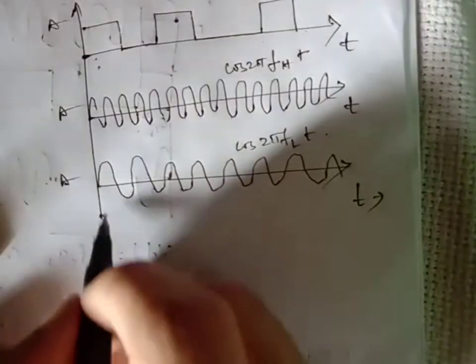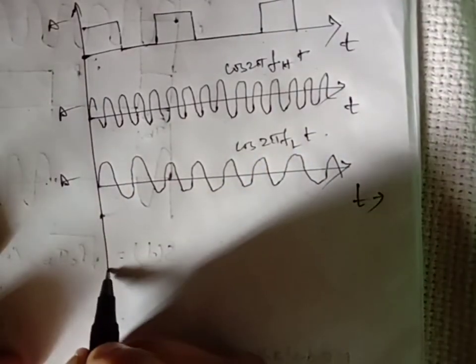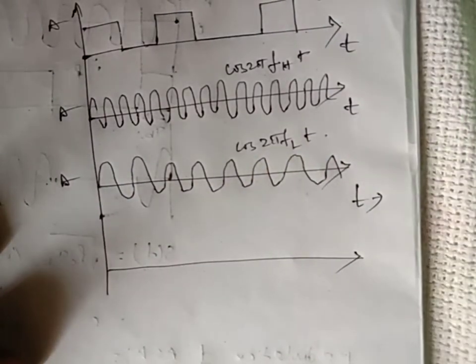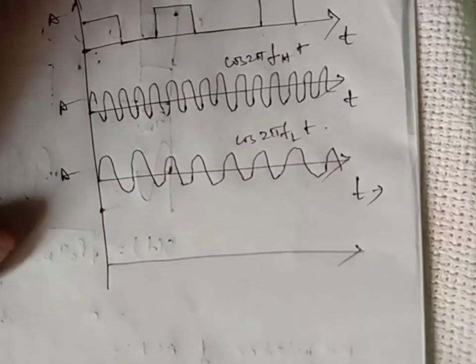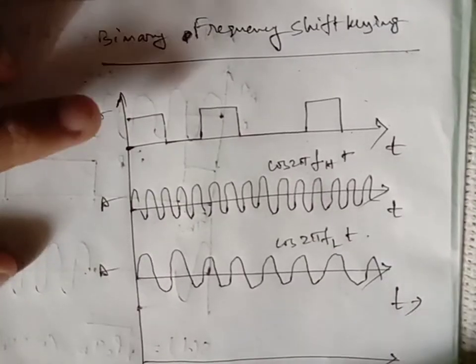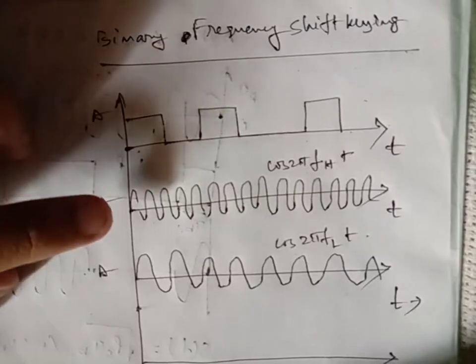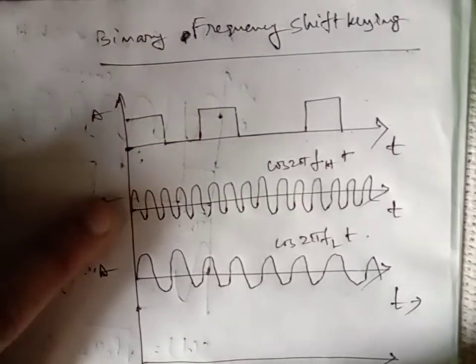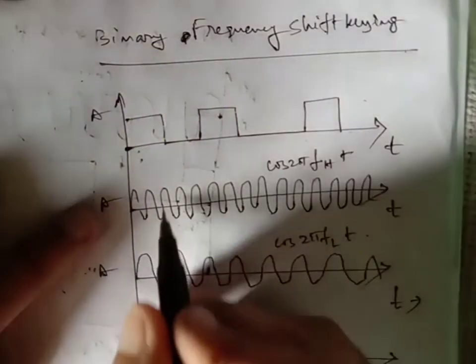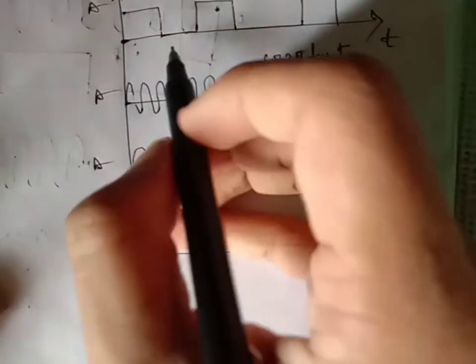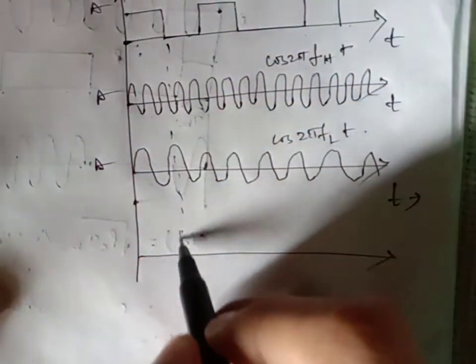Okay, so now I will tell what the output of BFSK will be. If the binary input is 1, then the carrier having the higher frequency will be there in the output. So let me first draw this line.